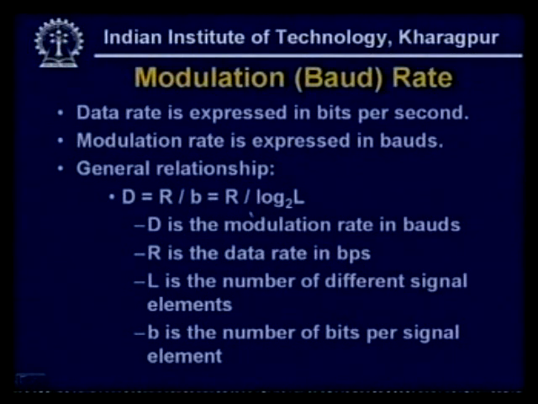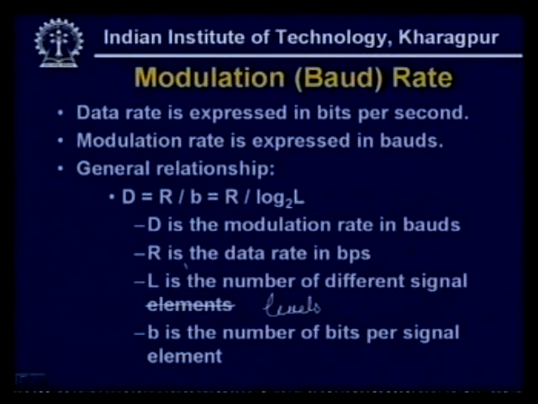Say, for example, if L is the number of different signal levels, actually it will not be signal elements, it will be signal levels, that is being used, then the data rate will be more than the baud rate.